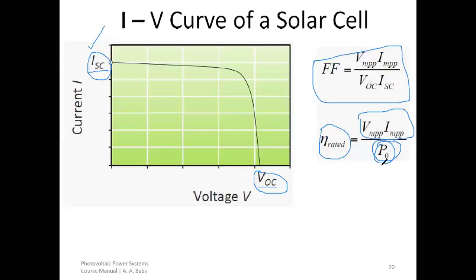PO means initial power, so you can call this input power, while VMPP multiplied by IMPP will give you the maximum power possible, because power is equal to voltage times current. So this gives us the output power divided by the input power. That gives us the rated efficiency of the system. Or you can simply say it is the maximum power point power divided by the input power.